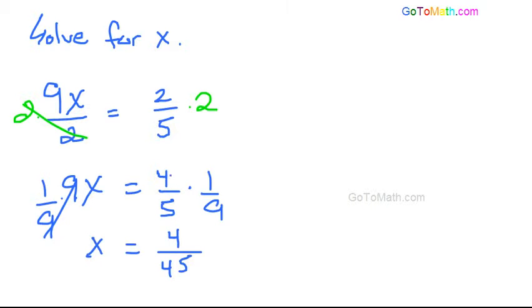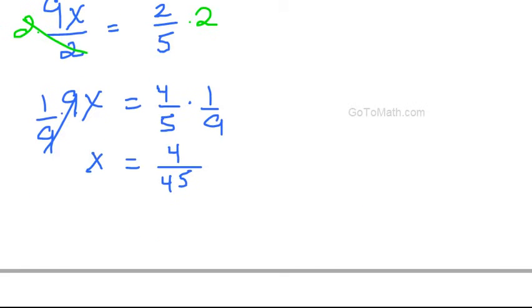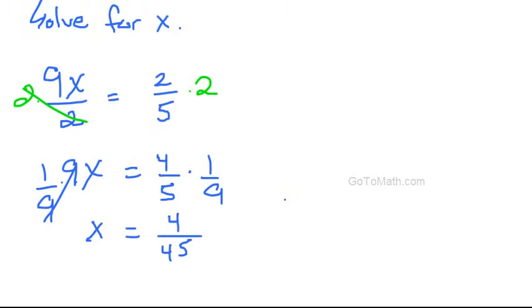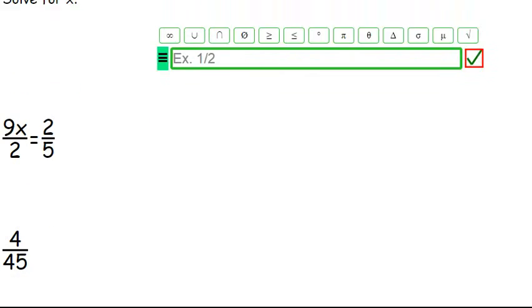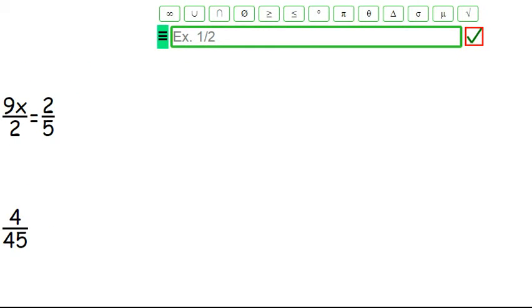Okay, now there's not a number that'll go into any of these other than 1. Alright, x is equal to 4 over 45. Of course, I just state that part of the answer. 4 over 45. Got it.